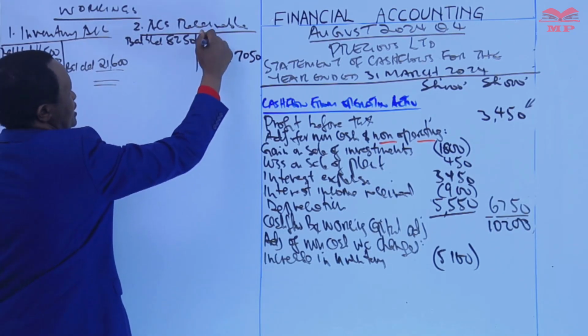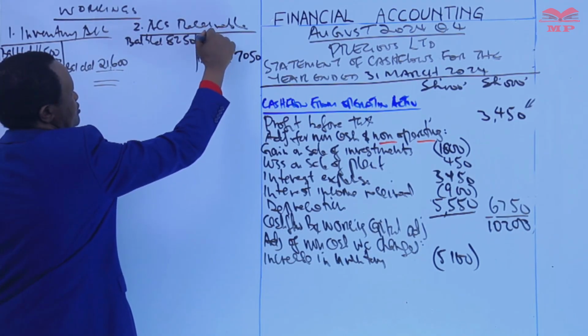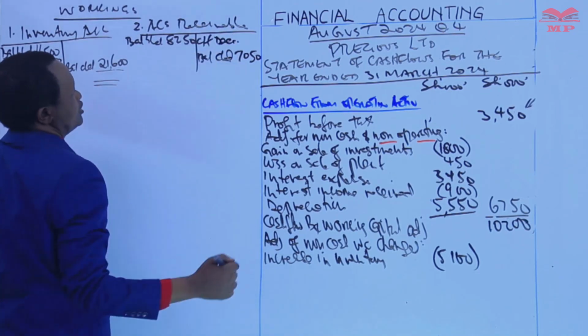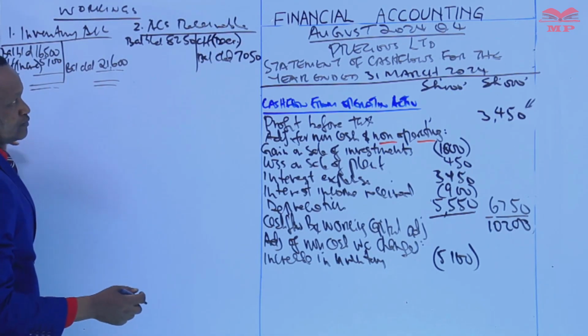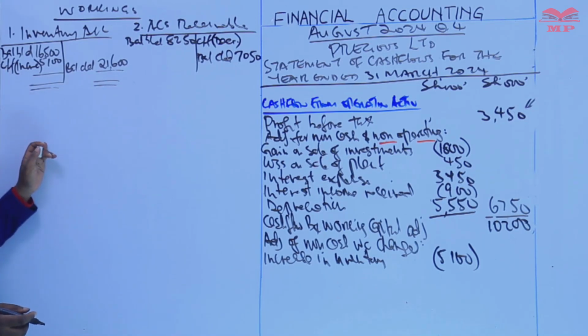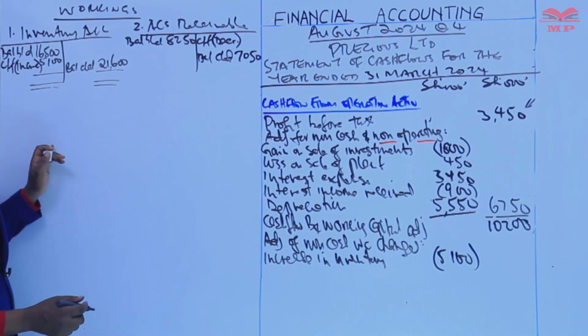This is a decrease of how much? 8,250 minus 7,050. Is it 800? 1,200. Yes, 1,200.